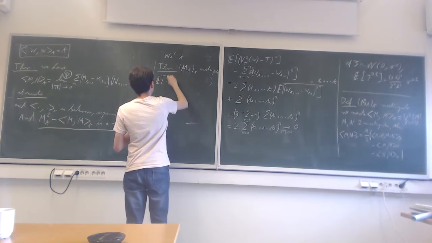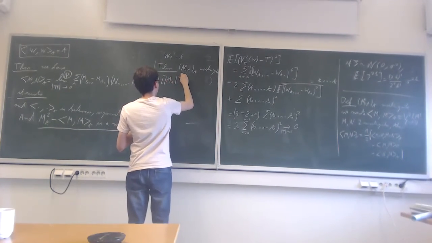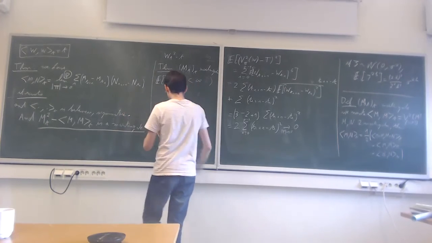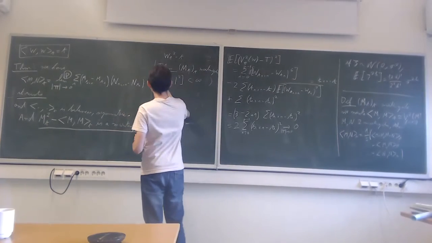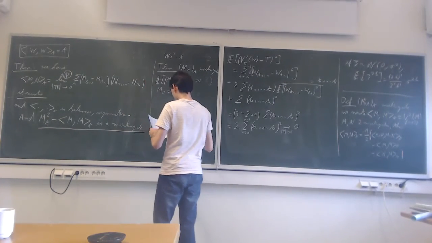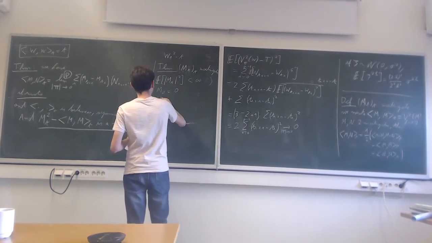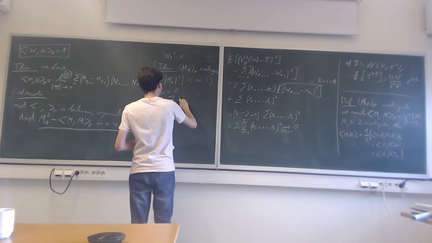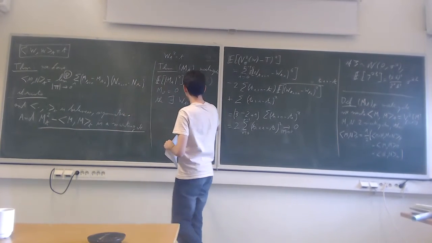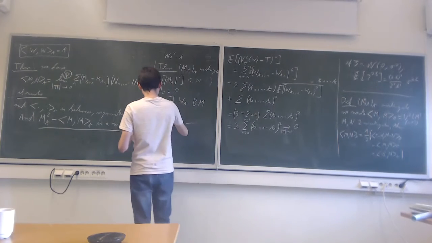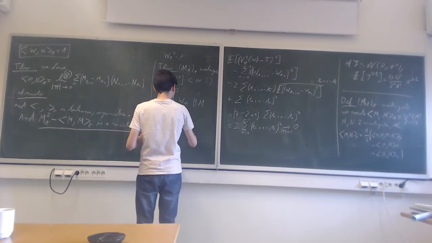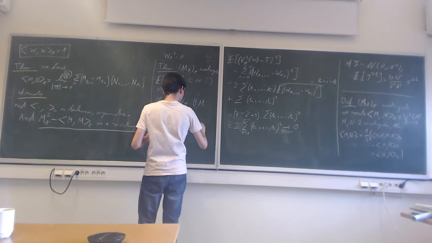We ask that n_t is bounded in L2, that n_0 is equal to 0. Then there exists W_t, a Brownian motion, such that n_t is equal to W of the martingale bracket.